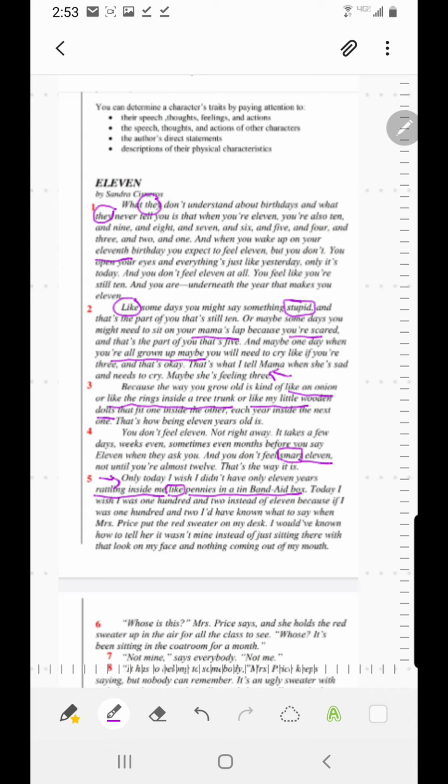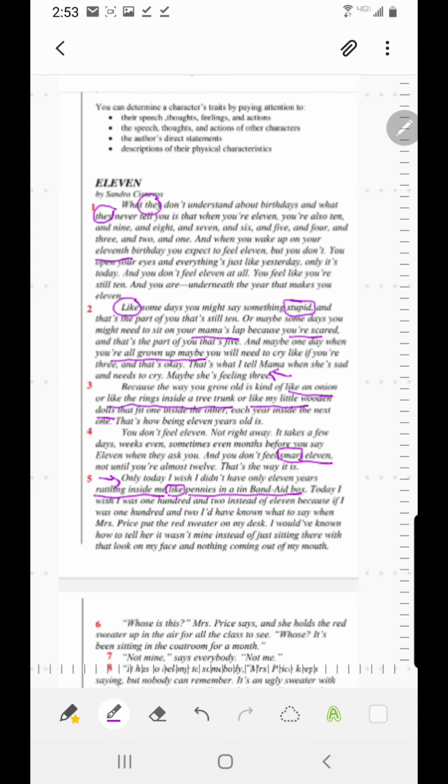For scraped knees or blisters or something like that, right? So the fact that she's talking about 11 pennies, which again is a little bit innocent in even that, those are rattling inside of her. And if you've put a penny or a coin in any tin box, it's pretty loud, right? It's kind of an obnoxious sound. It's not a good sound, right? And so for her to say, "I wish I didn't have only 11 years rattling inside of me.